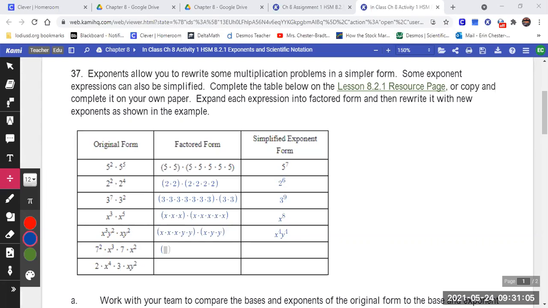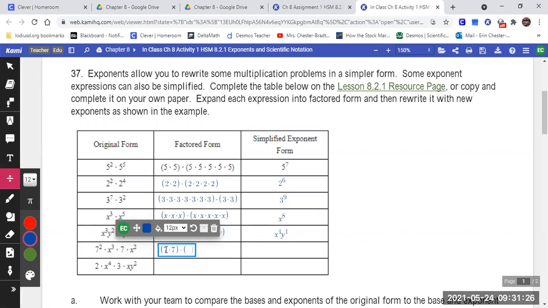Yes, 7. Now, 2 7s. I only see 2 7s there. 7 times 7. 7 to the second power is all I see. So each parenthesis is just what you see in that expression. 7, 7.